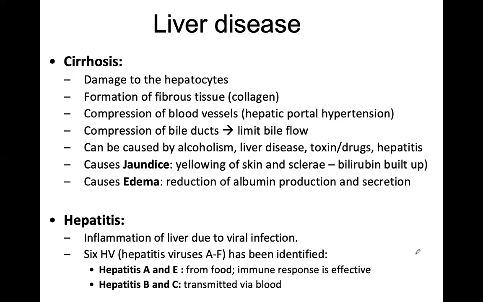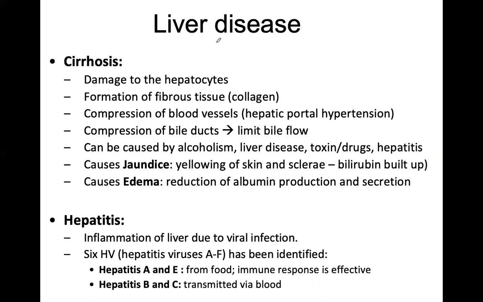The symptoms of cirrhosis are typically jaundice, which is the yellowing of the skin and the white of the eye, called the sclera, because we have a build-up of bilirubin in our system. If you don't know what bilirubin is, it's a byproduct of destroying red blood cells, and the color of bilirubin is yellow.